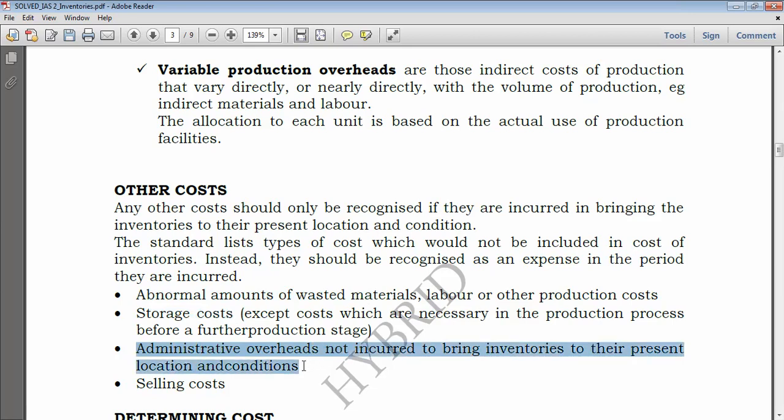In case you are given administrative overhead and no further information is given, it's obvious that they won't form part of inventory, because inventory is related to production. That's right. And other selling costs. Selling cost is obvious too. Until you sell your product, it is ready for use. So something like that. And now we can proceed further.